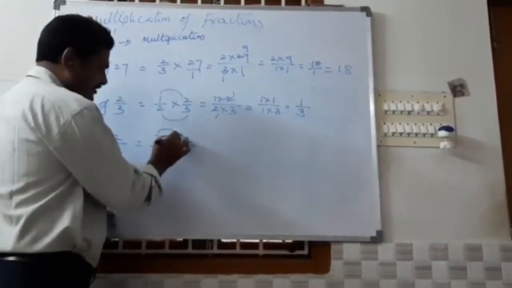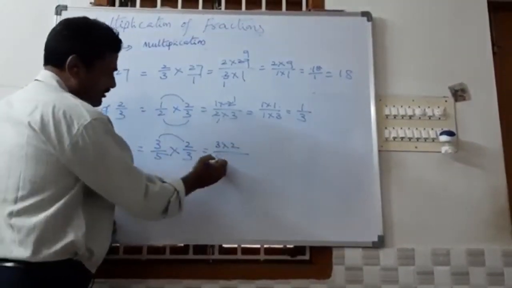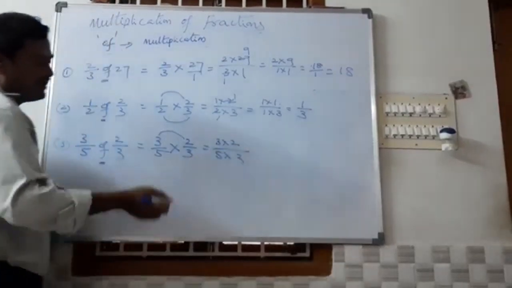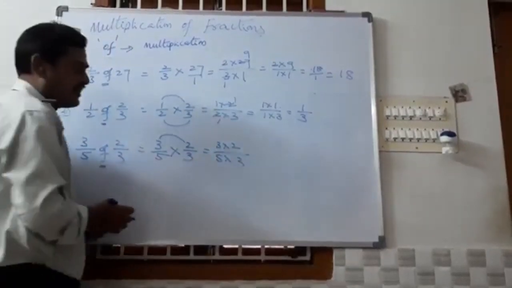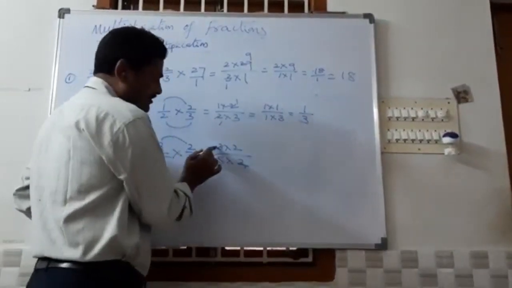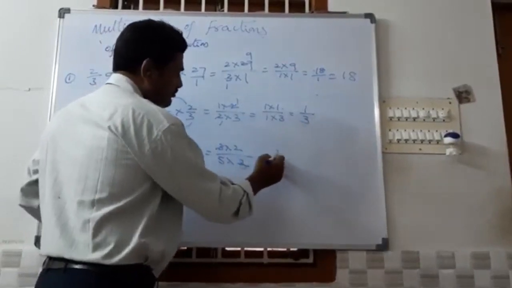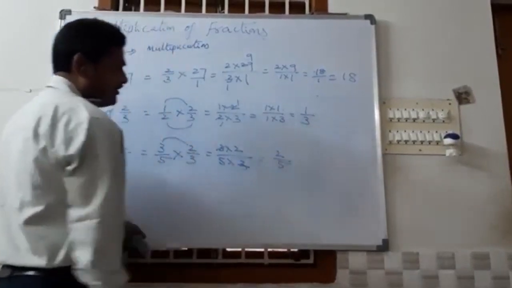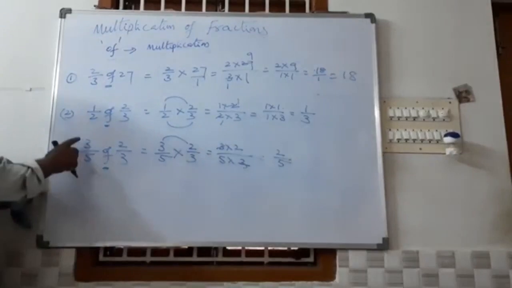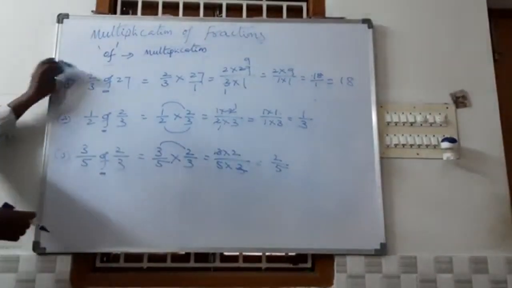Now, numerators 3 into 2 by 5 into 3. Here, any cancellation means here itself we can cancel. 3, 3 cancel. Numerator 3 and the denominator 3 should be cancelled. Now, 2 by 5 is the answer. So, 3 by 5 of 2 by 3 means 2 by 5. This is the answer.